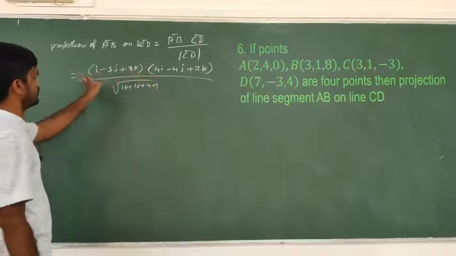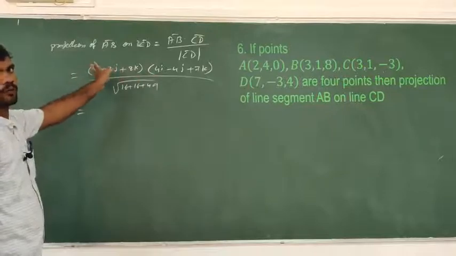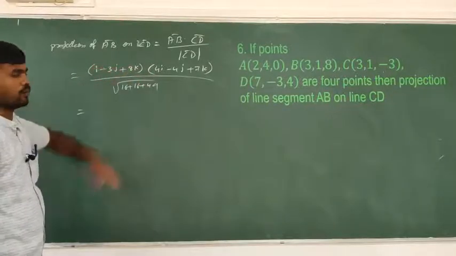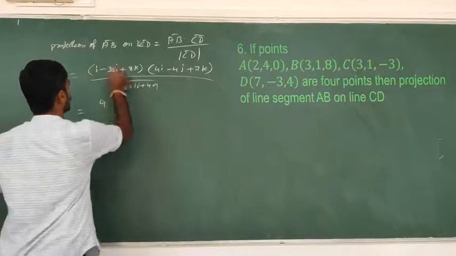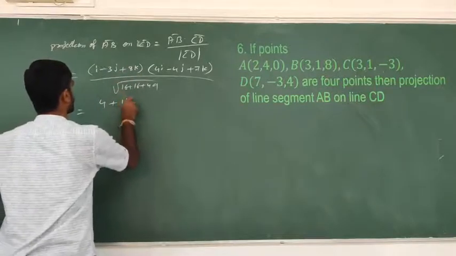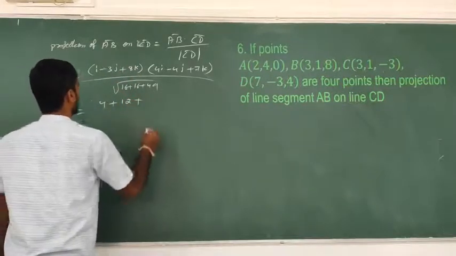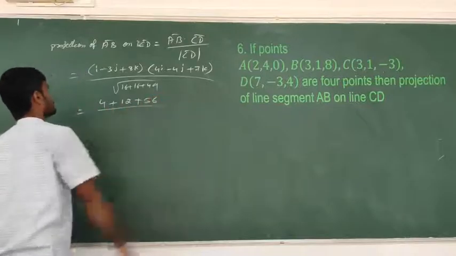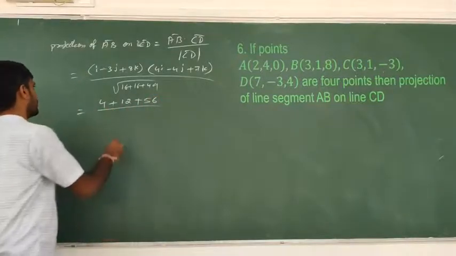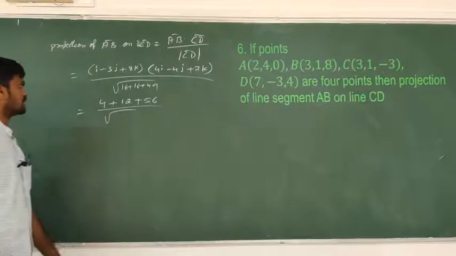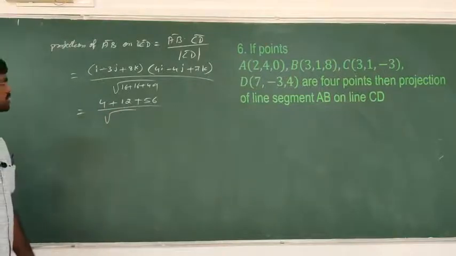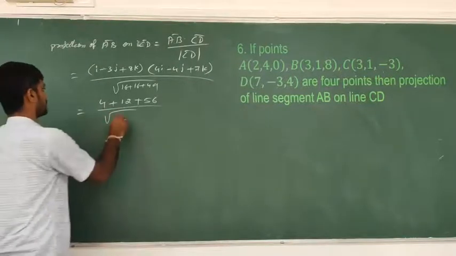The dot product is the sum of products of corresponding i, j, k coefficients: 4 ones are 4, minus into minus is plus, 4 threes are 12, 8 sevens are 56, divided by square root of 16 plus 16, 32, 32 plus 49 is 81.